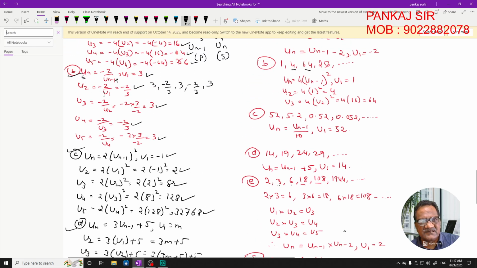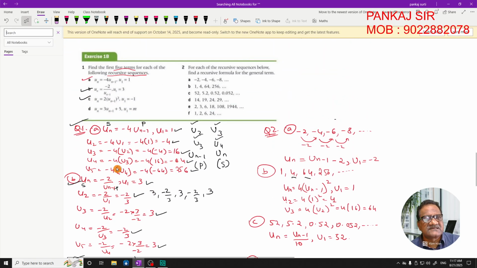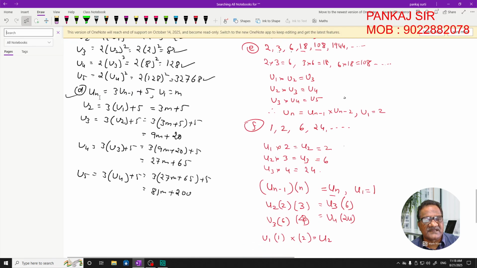Now coming to D. The question D is un equal to 3 times un minus 1 plus 5, and the first term u1 is m. Here u1 is the unknown m, so all your answers will be in terms of m. The general term is given as 3 times un minus 1 plus 5.